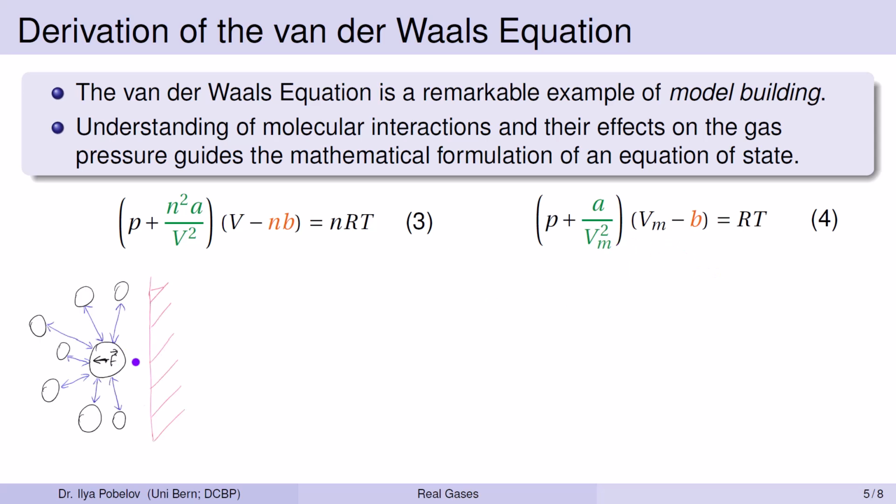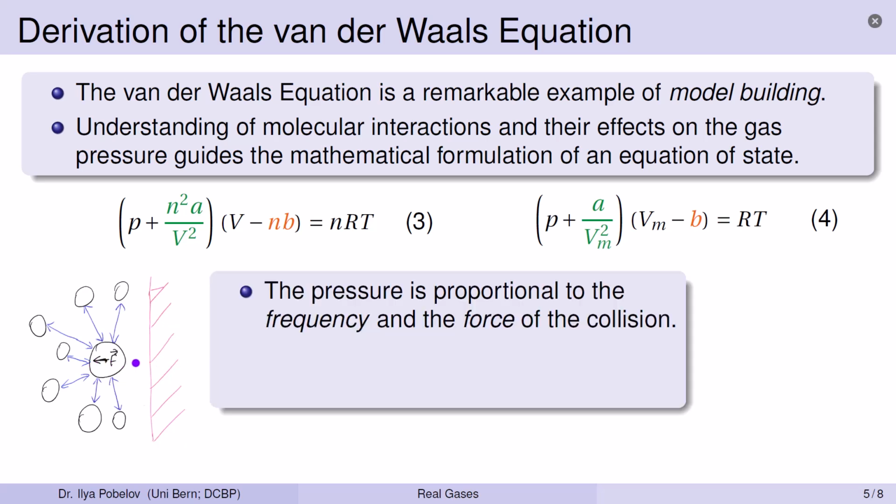The pressure that a gas exerts on its container arises from the collision of its molecules with the container walls. The magnitude of the pressure is proportional to the frequency of these collisions, describing how often the molecules collide with walls, and to the force of the collision, describing how strong the molecules hit the wall.